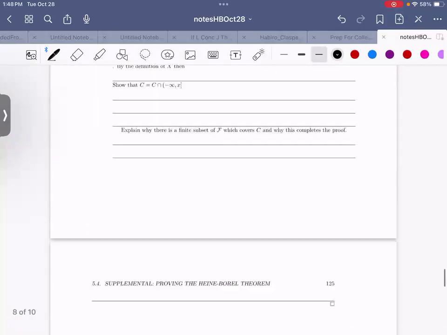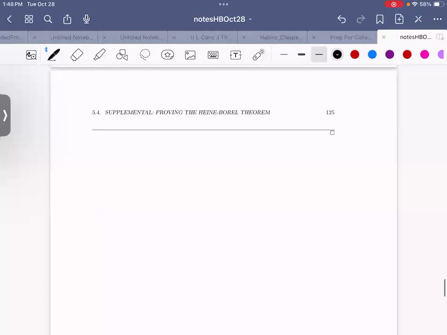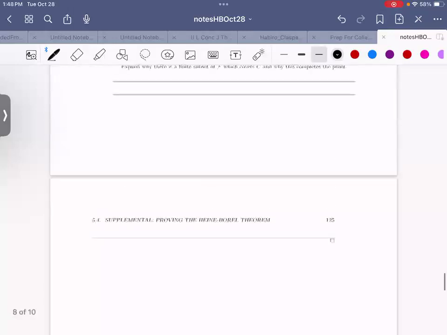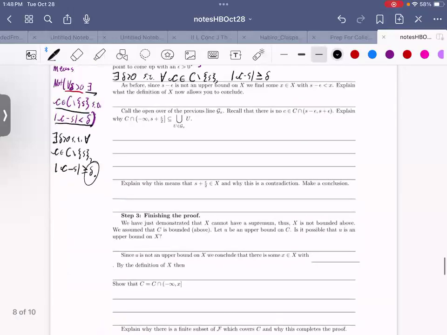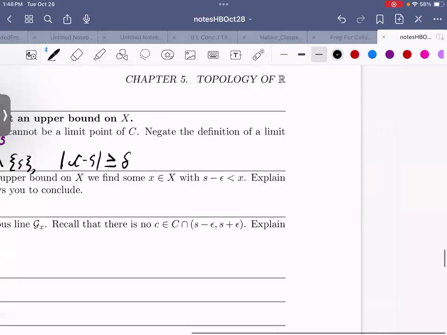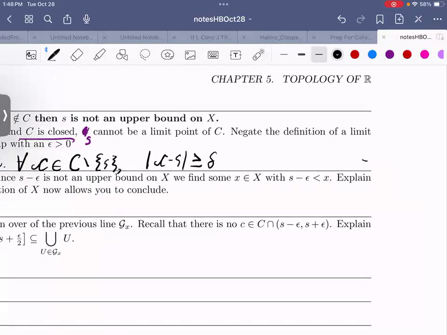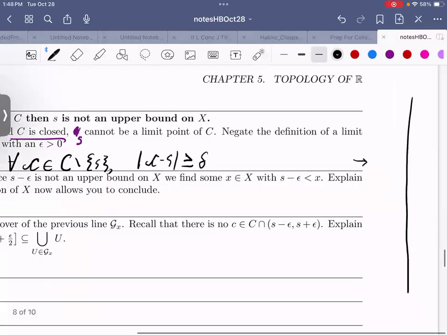Oh, there's already blank space there. Let's write down what that means. This isn't part of the proof, but it's worth seeing to motivate what's going to happen next.